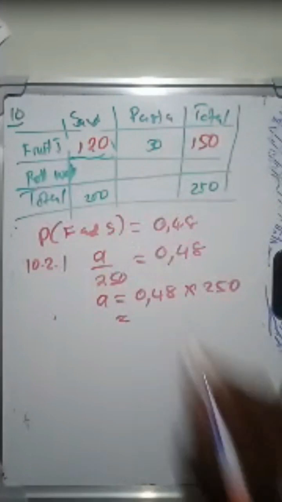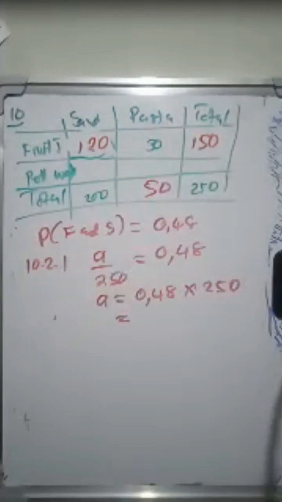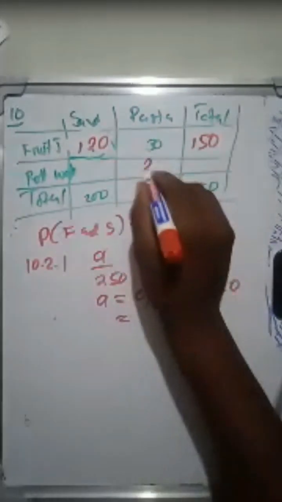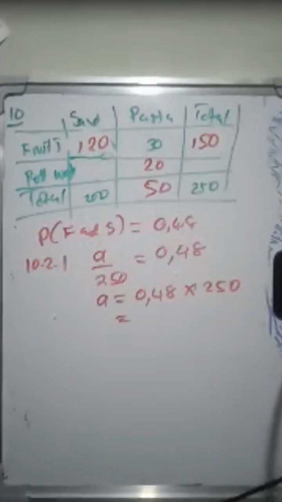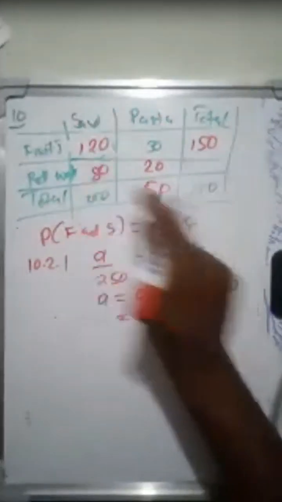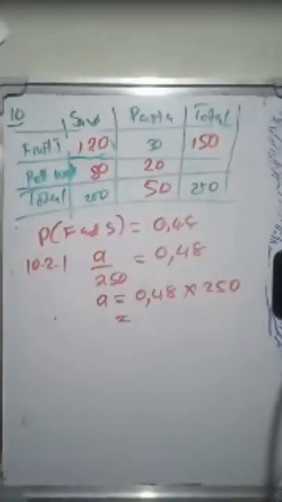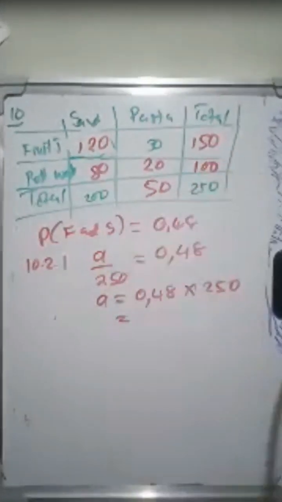We get 50. Because 30 plus here, we should get 50. What do we get? 20. We get 20. 200 minus 120, what do we get? 80. Then 80 plus 20? 100. Okay, so we have populated the table.